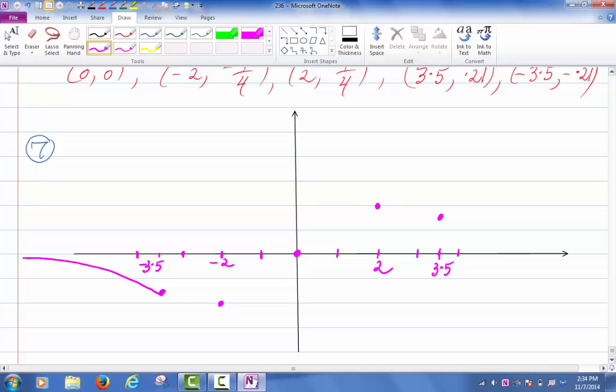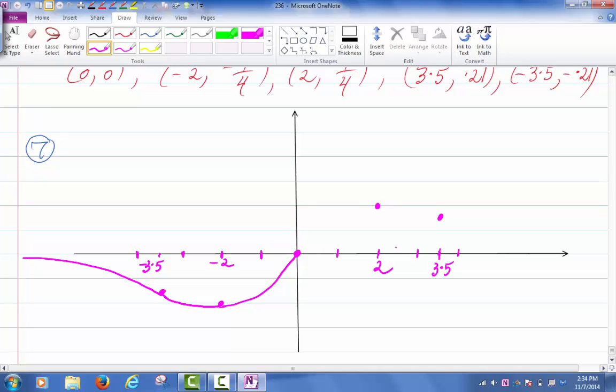Okay, what's happening between negative 3.5 and negative 2? Still decreasing? Concave up or down? Concave up now, right? So it is going to be concave up now. And then from negative 2 to 0, it's still concave up, but now increasing, right? And between 0 and 2, it is concave down, you'll see.